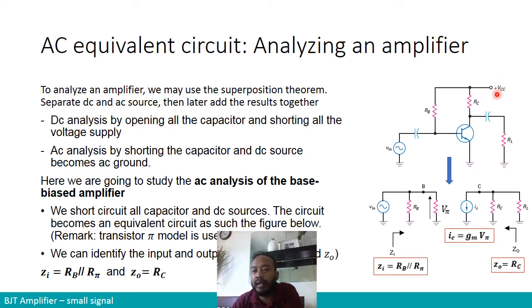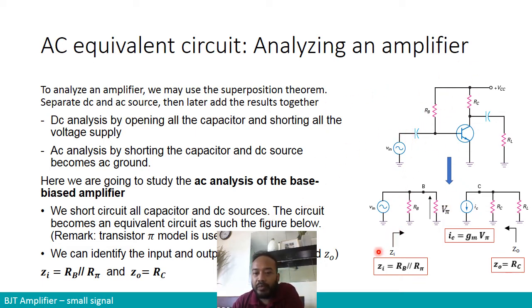We short circuit it, it becomes ground, and then this collector is also connected to the load resistor. So we have over here the load resistor. This is the AC analysis equivalent model using the pi model of the transistor for this amplifier circuit.